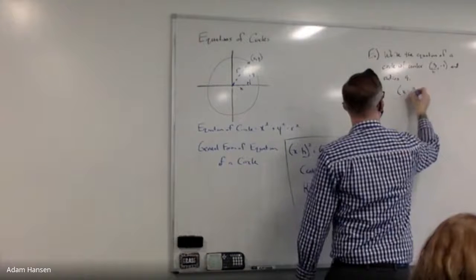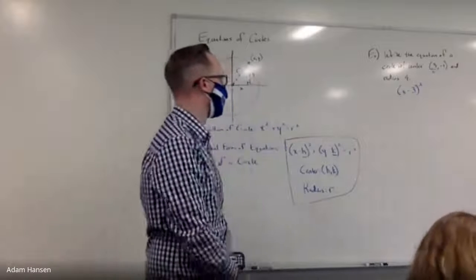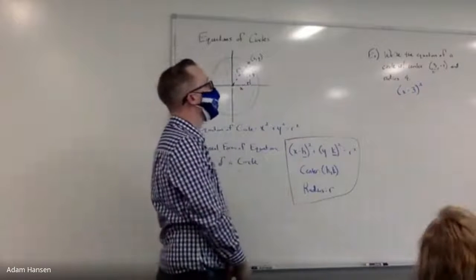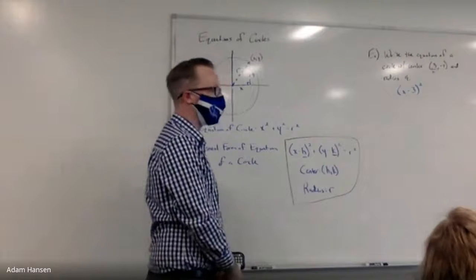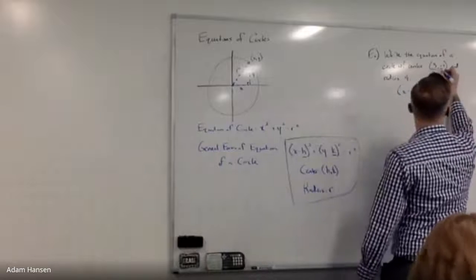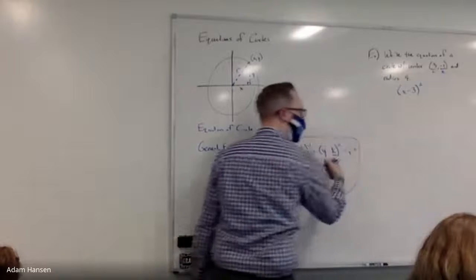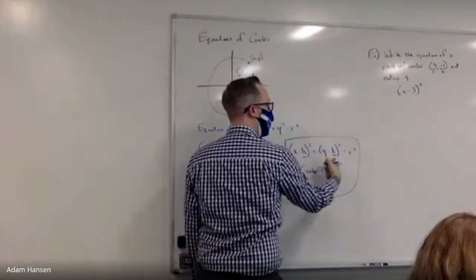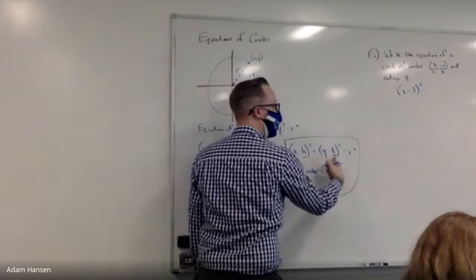So quantity x minus 3 squared. What's the y coordinate for the center of the circle? So replace the k in the form here with -1. Y minus the coordinate -1.